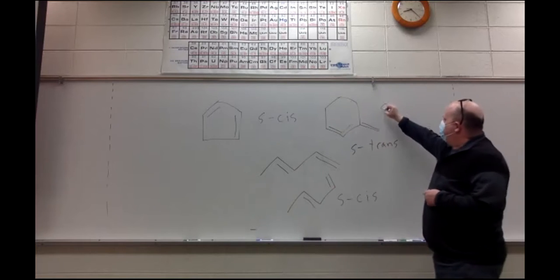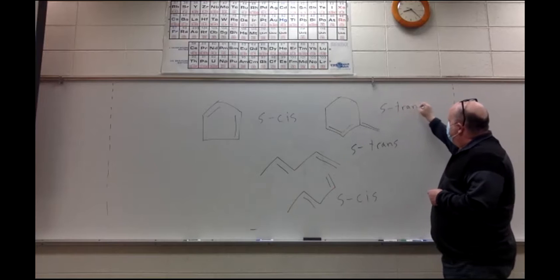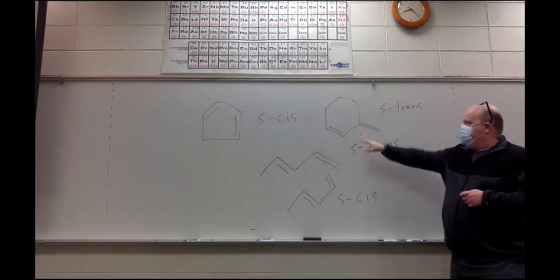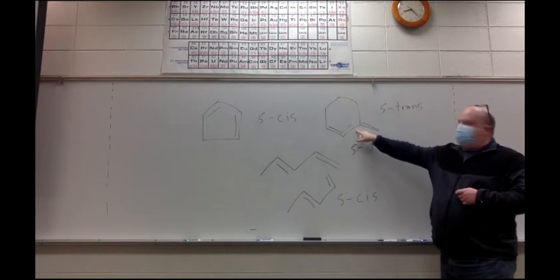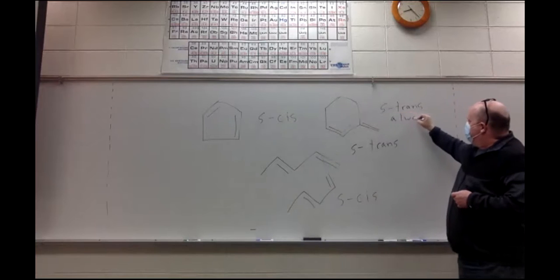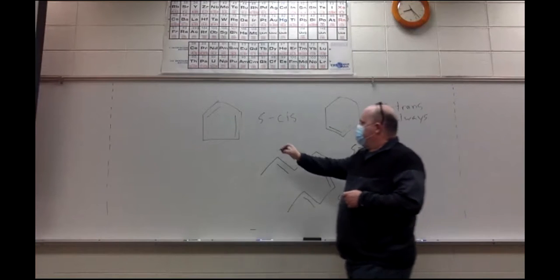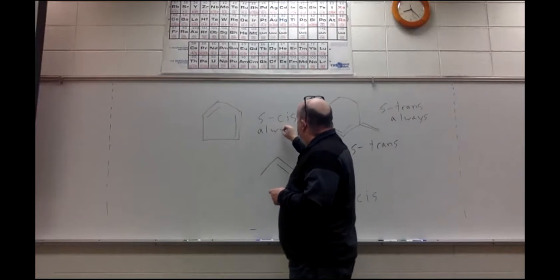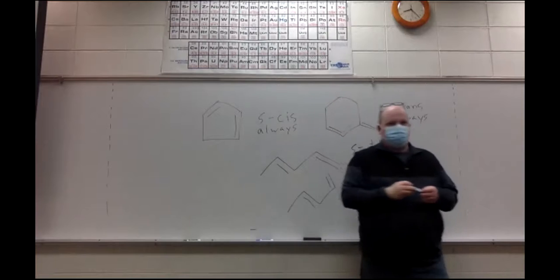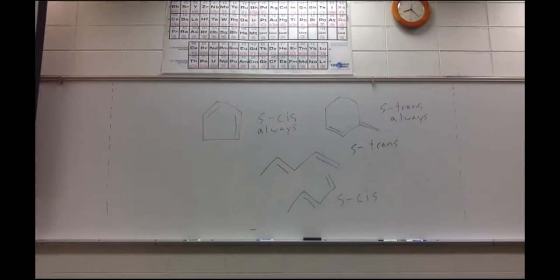This one would always be in the S-trans for the same reason. You can't rotate around that double bond. Or excuse me, single bond. Right? That's going to be an important skill for you guys to learn as you go along, looking at a molecule.